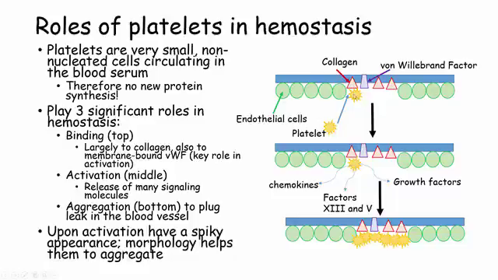The platelet binds to this collagen and interacts with another protein that's also located there, the membrane-bound form of a protein called von Willebrand factor. And through this interaction with von Willebrand factor and collagen as well, the platelet becomes activated.